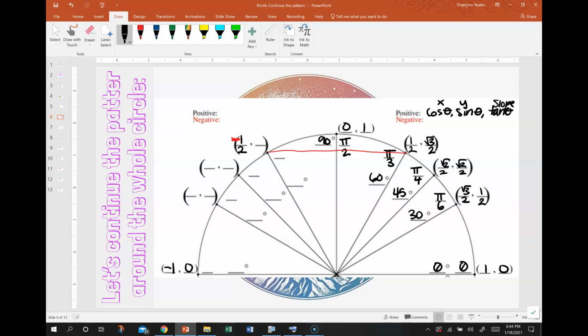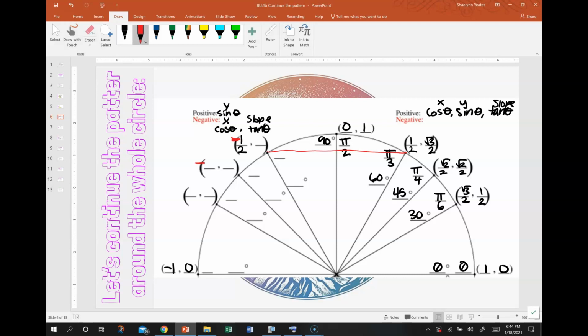Positives are going to be my y values, which is my sines, sine of theta. And my slope is actually negative, so my x values should be negative here, which is my cosine thetas. And my slope is negative, so this is my tangent of theta. Okay? So then that's negative 1/2.